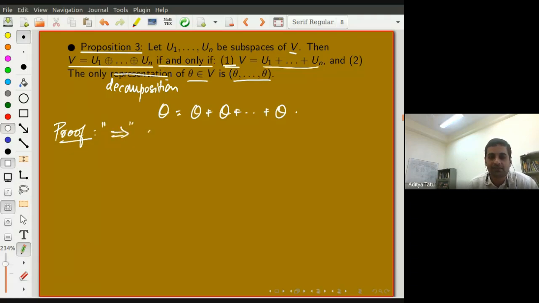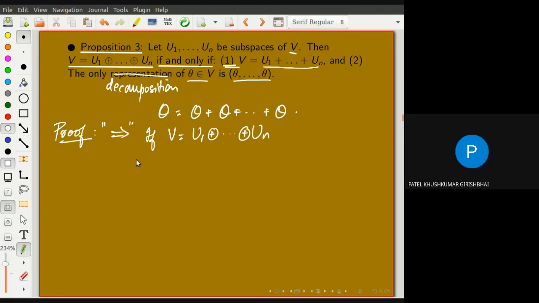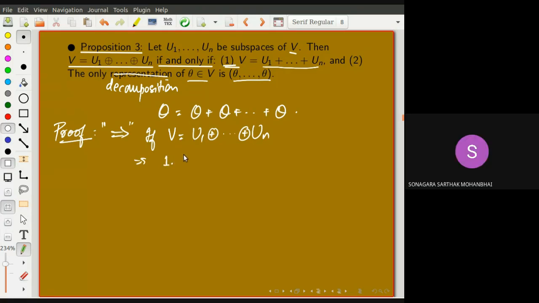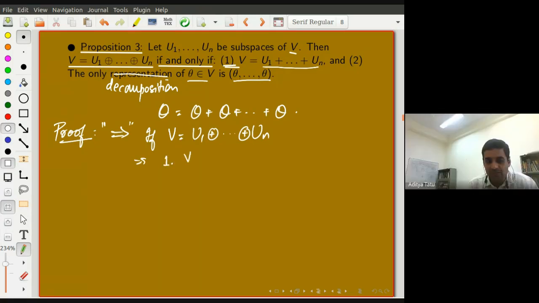If V is a direct sum of these n subspaces, then what does it mean? What is the definition of this? For every W in V. So that's true, but first of all, this has to be true.